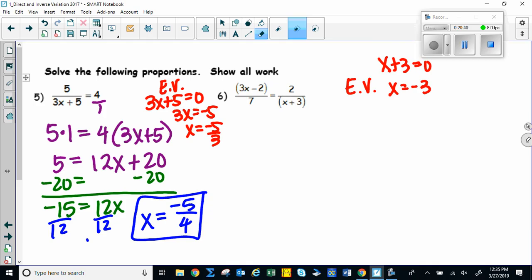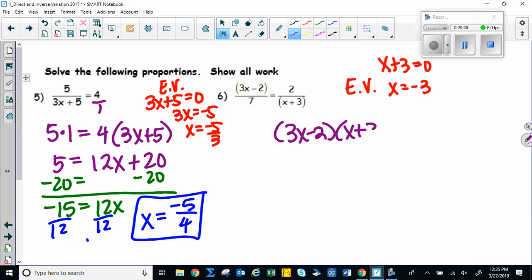Okay, so I'm ready to cross multiply. I'm going to multiply the 3x minus 2 times the x plus 3, and I'm going to multiply the 7 times the 2. And it doesn't matter which side you write on the left and which side you write on the right. So the left-hand side is quadratic, right?